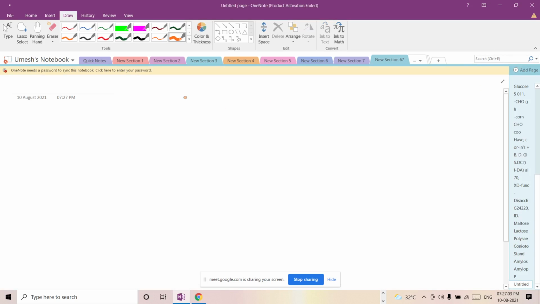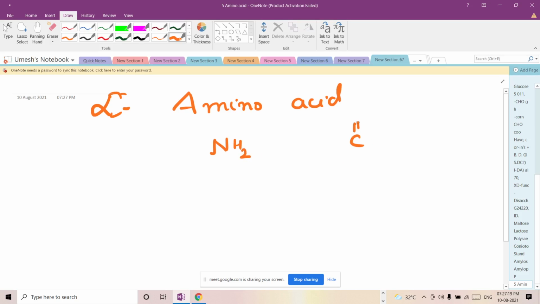So first of all, we discuss what these amino acids are and what is the meaning of alpha amino acid. As the name indicates, it should have two components. One is the NH2 group, the other the carboxylic acid.